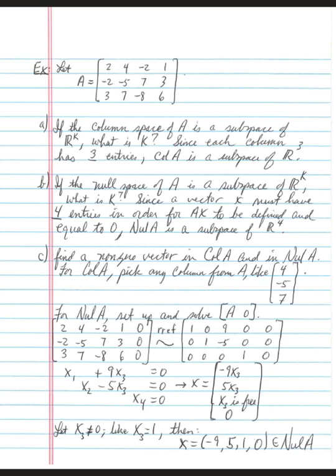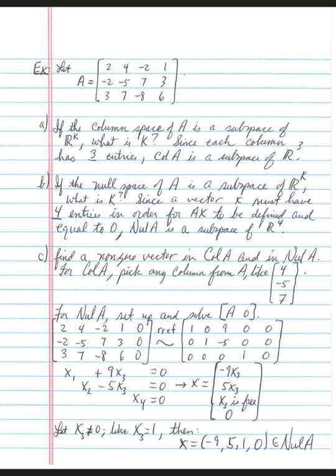Okay, so for column space, you look at the columns of A. Each one has 3 entries. Since each column has 3 entries, the column space of that matrix is a subspace of R3.